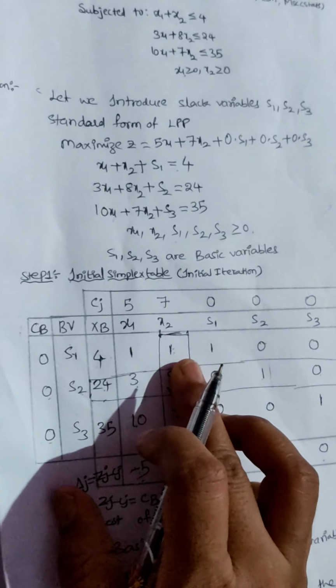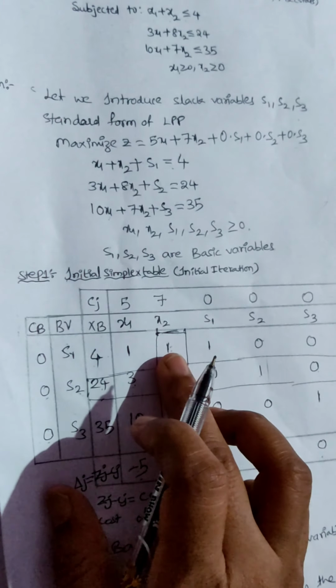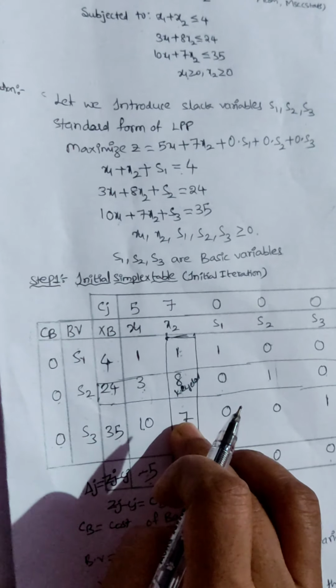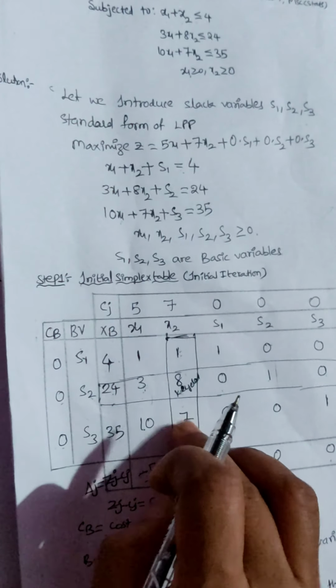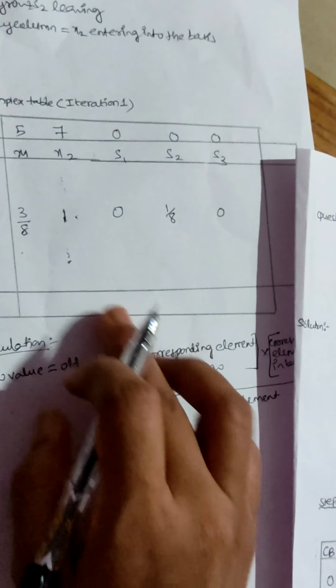Okay, next for this element we know that by using this formula it will become 0, and this also becomes 0. No need to calculate. These two elements are 0.